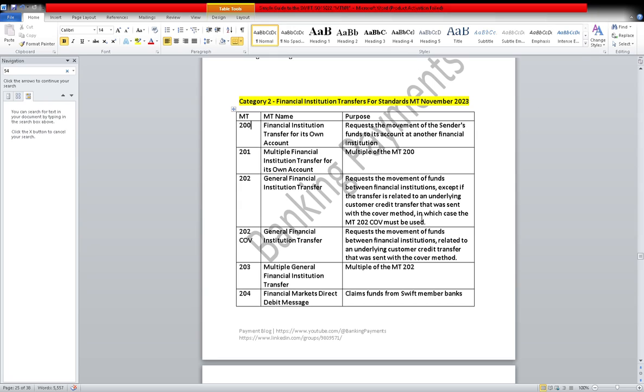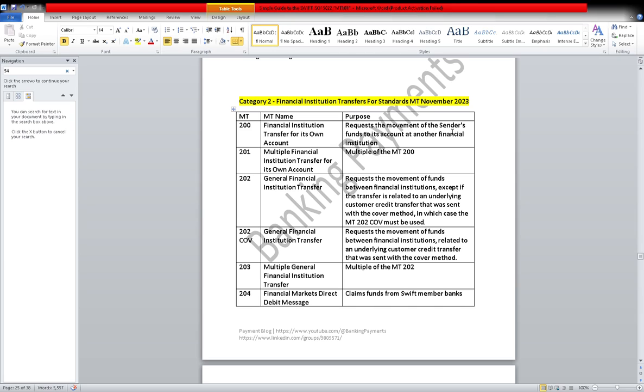The MT200 message is a financial institution transfer for its own account, meaning you are transferring to your own account. It requests the movement of the sender's funds to its account at another financial institution. Okay, meaning he is sending the payment from his own account to his other account. Simple.